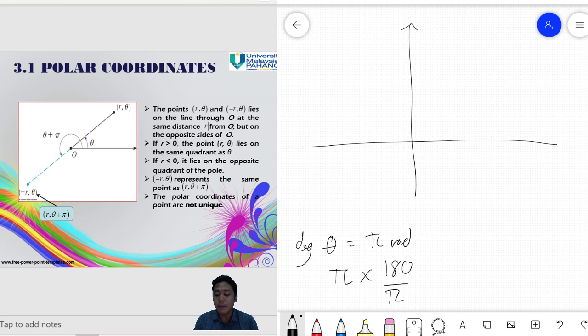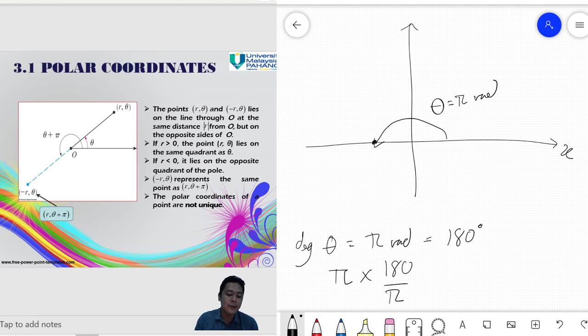So pi in radians is equal to 180 degrees. If we want to plot it, again start from the horizontal axis x, anti-clockwise because this is still positive, so the angle will be here, and the point is here.